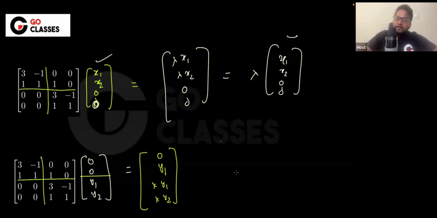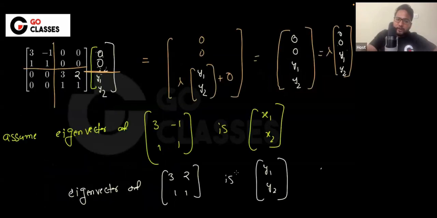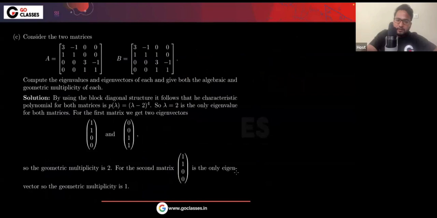Now, obviously, you can't just take the lambda out, right? Just like the previous case. So what can we do here? For the first matrix, I have two eigenvectors.